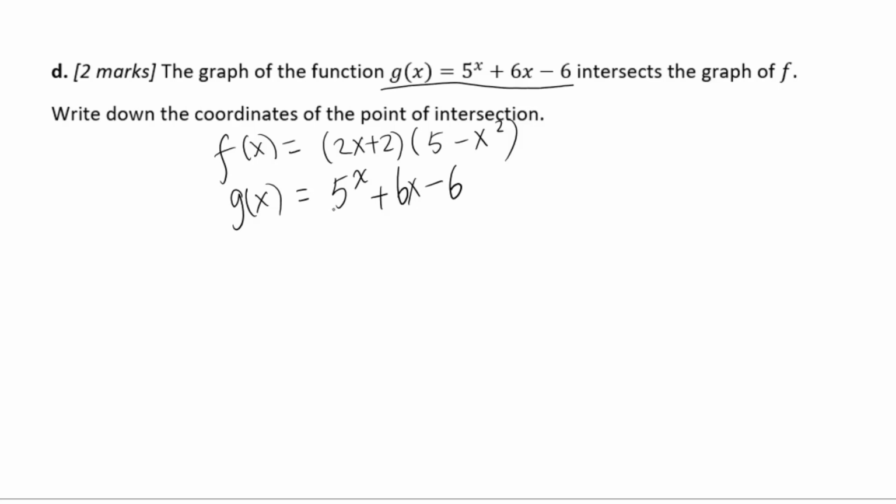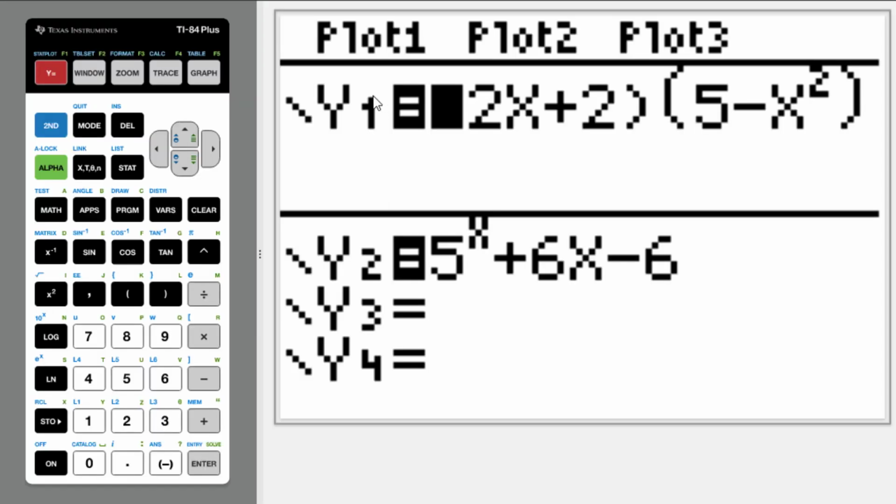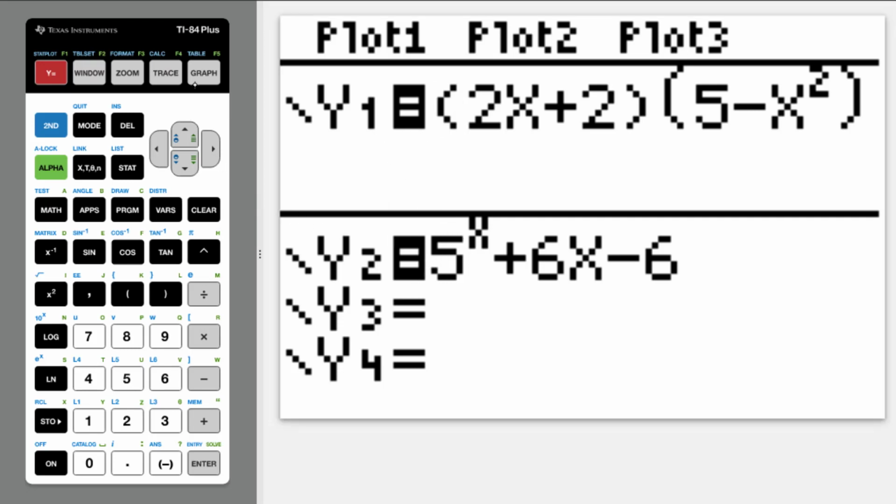G of x equals 5 to the x plus 6x minus 6. We will put these two functions into y1 and y2 of a graphing calculator. So we put f of x into y1, g of x into y2, then graph.